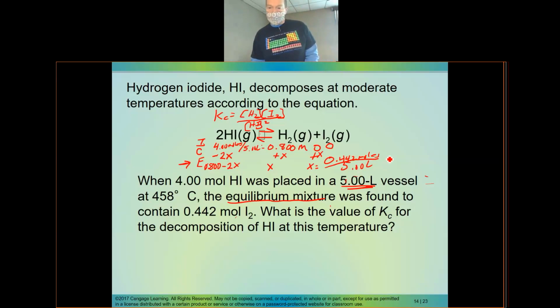And so when you take that, you get 0.0884 molar. Again, I'm doing that in my head. I think that's right. All right, and so this is 0.0884.